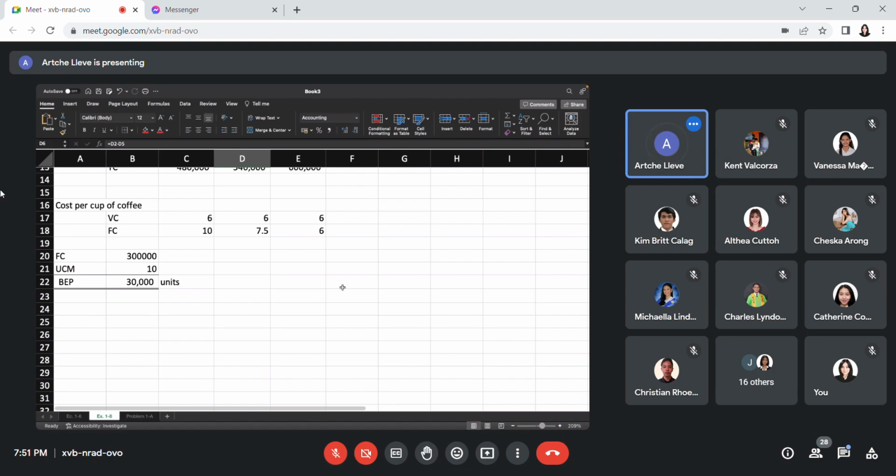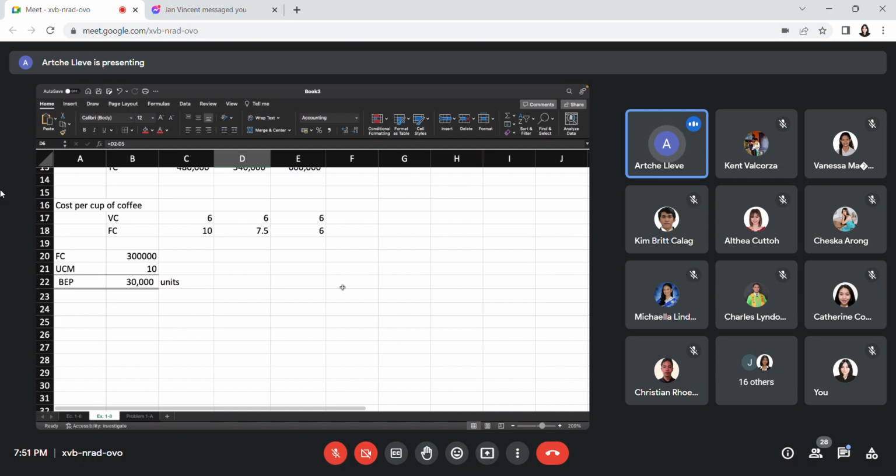It is just the selling price per unit, which is 16, minus the 6 pesos variable cost per unit. That would give you 10. Then fixed cost of 300,000 divided by 10 unit contribution margin. That will give you a break-even point of 30,000 units.